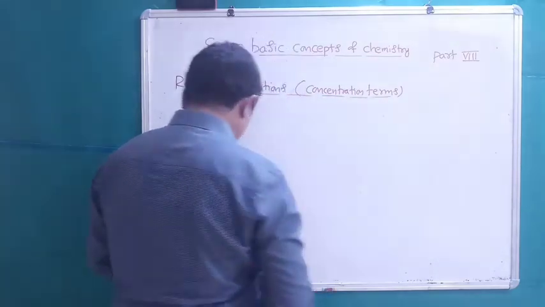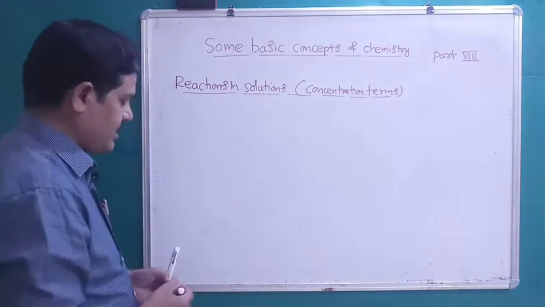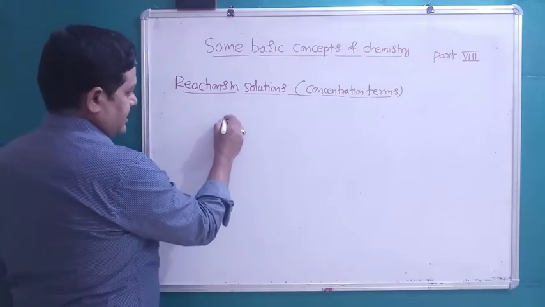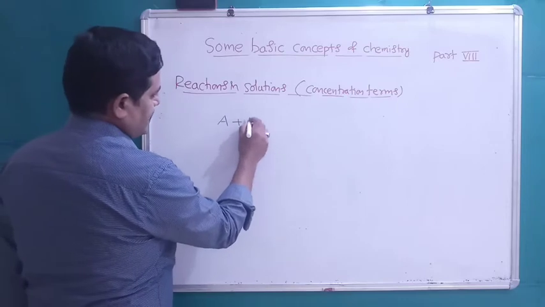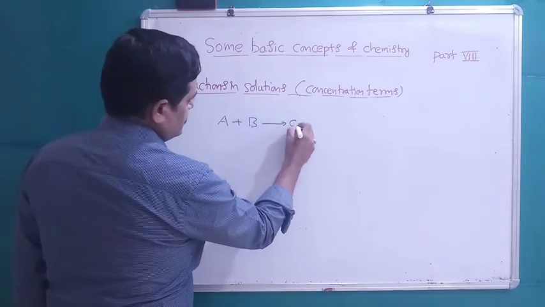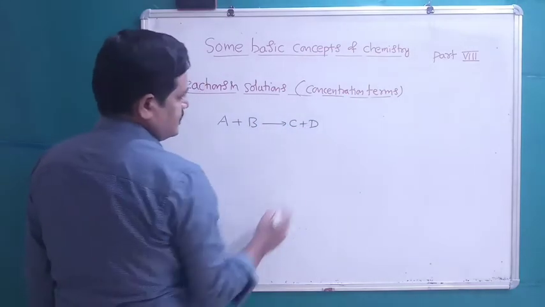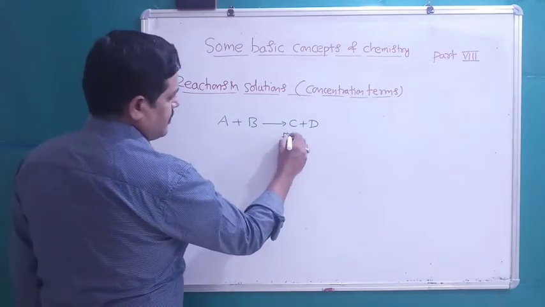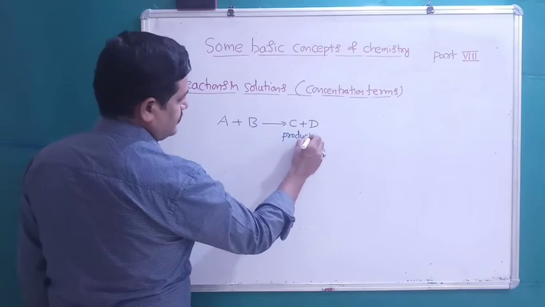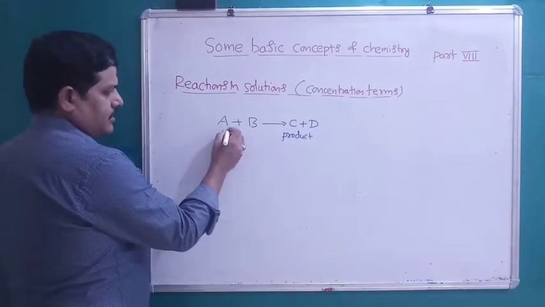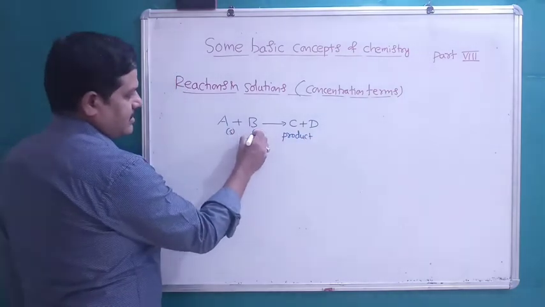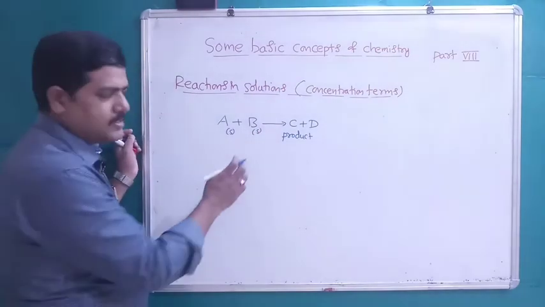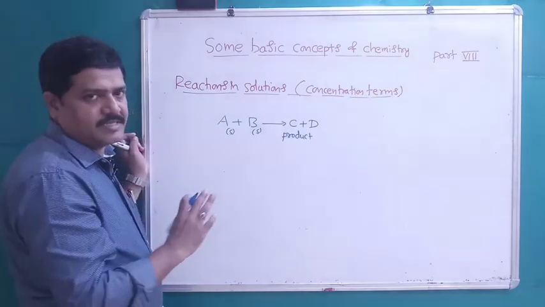Generally, students, if you are conducting a reaction between two reactants A plus B, which gives rise to C plus D, assume that the required product is C. If A is a solid and B is also a solid, and you do direct mixing of solids, it is not a perfect mixing.